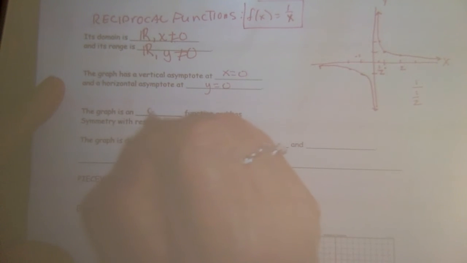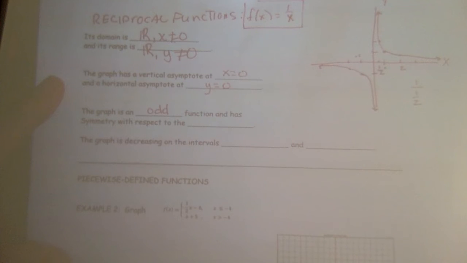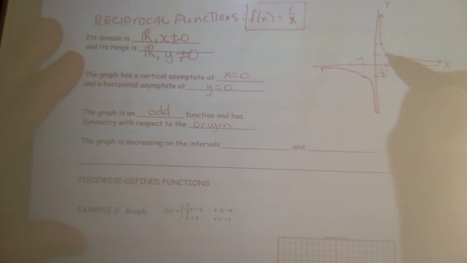This graph is an odd function because it has symmetry with respect to the origin. You can see that here is 1, 1. Here's -1, -1.